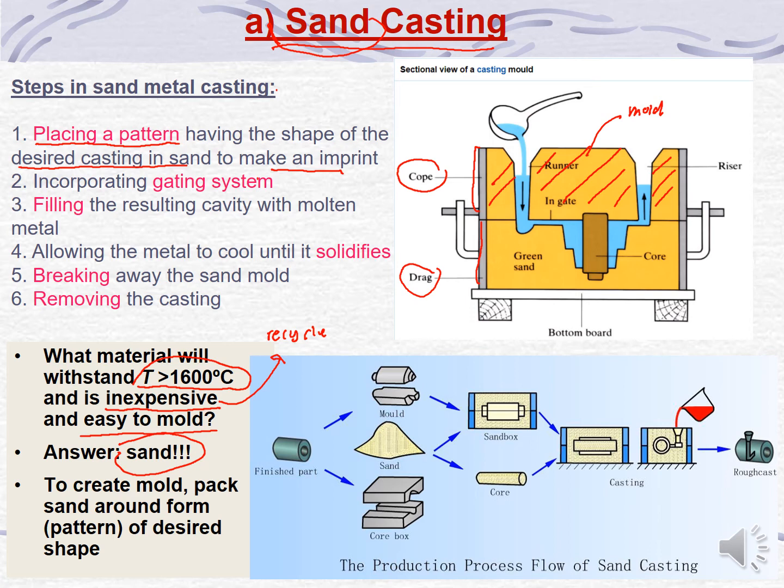After we combine the two parts of the mold, we have to create a gating system. We have to create the runner, the riser, and also the gate in order for the metal to flow into the cavity in the mold.